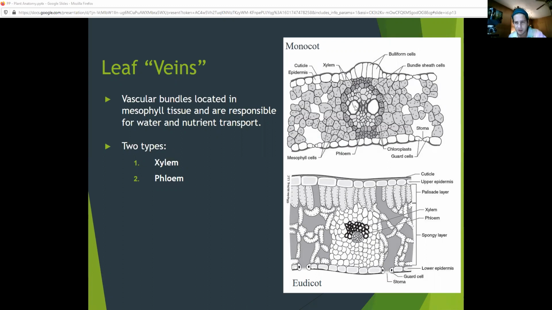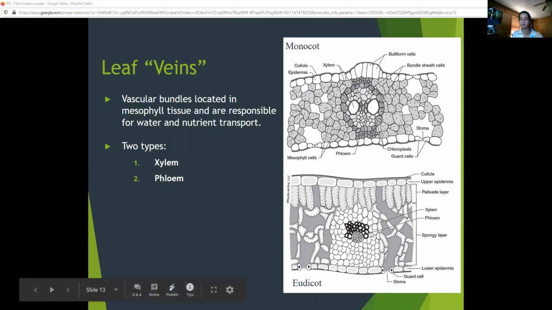When you're looking at these vascular bundles, the largest pores are always going to be the xylem. Write that down somewhere. Beat this into your head. Largest pores, always the xylem. And then we're going to have some smaller pores very nearby that are going to be the phloem.